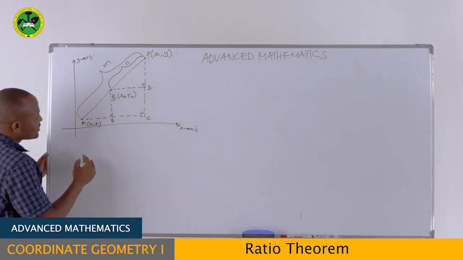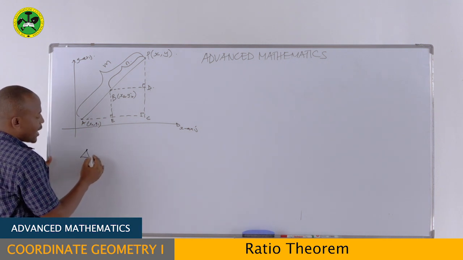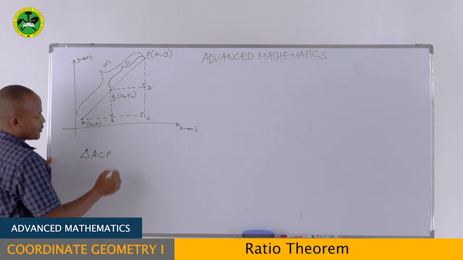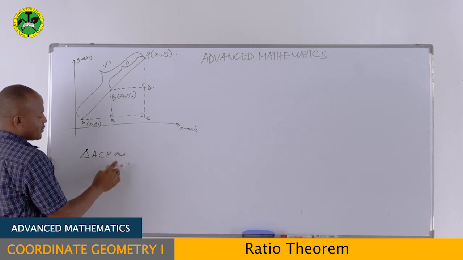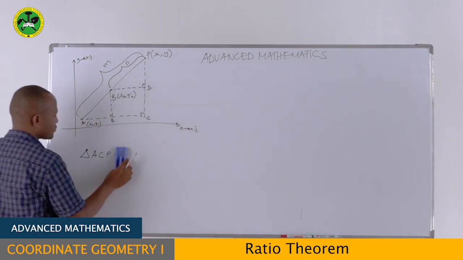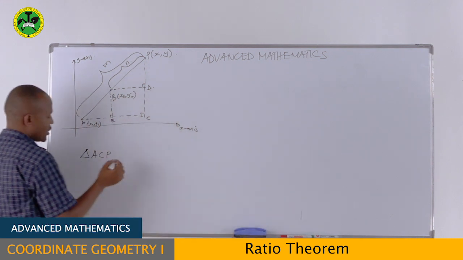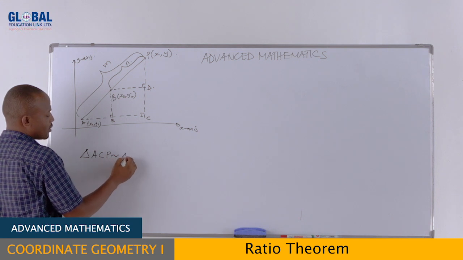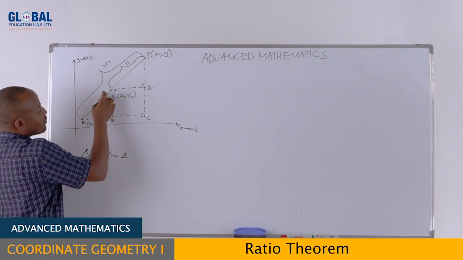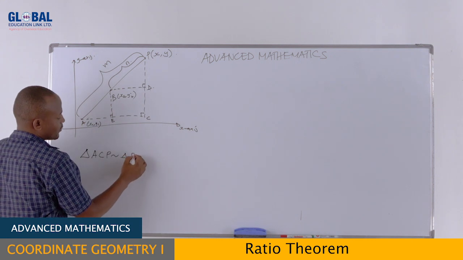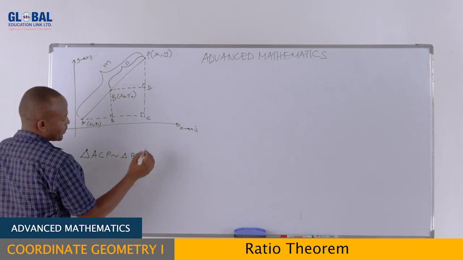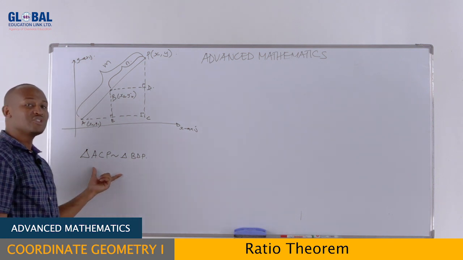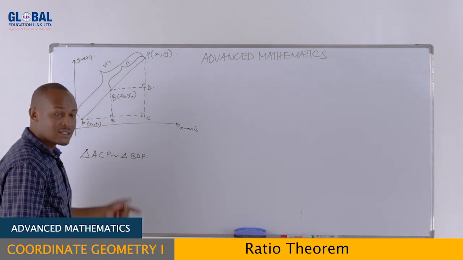Let's consider the two triangles ACP and BDP. Triangle ACP is similar to triangle BDP. As you know, if these two triangles are similar, then the ratio of their sides is also the same.